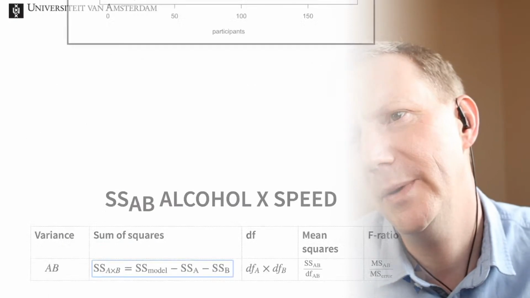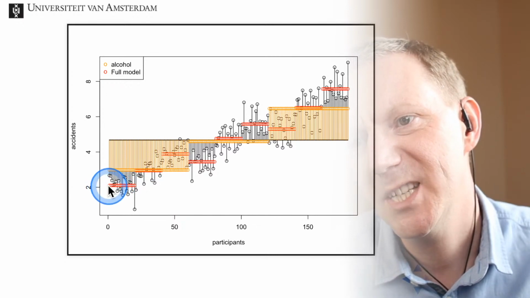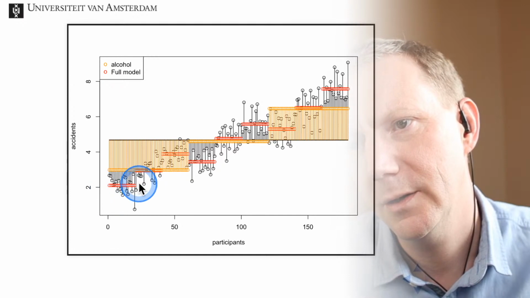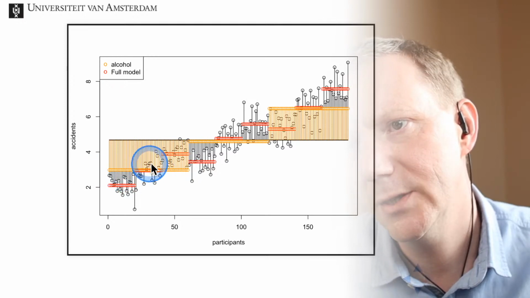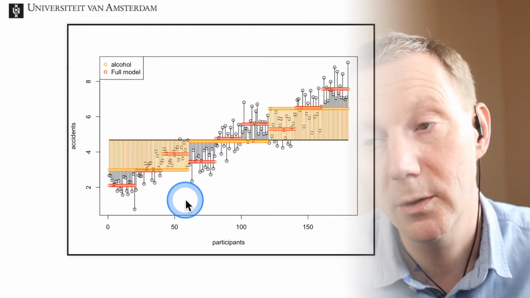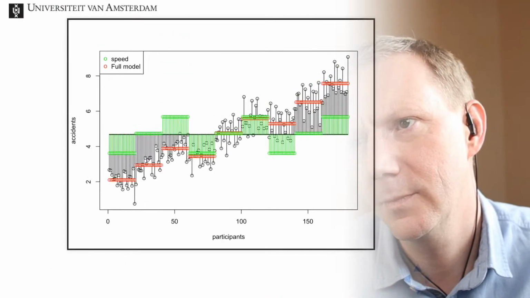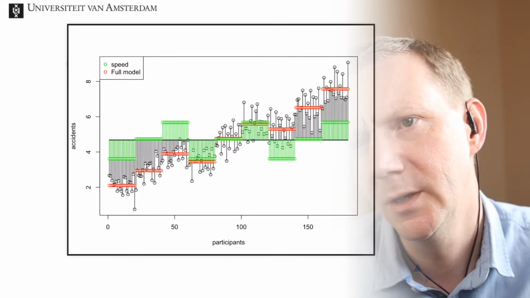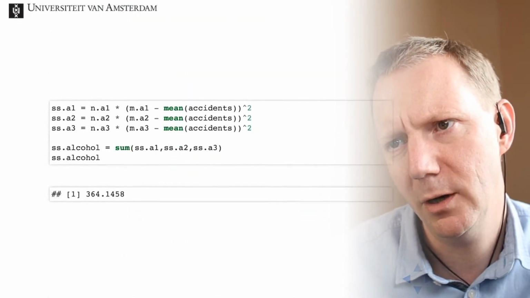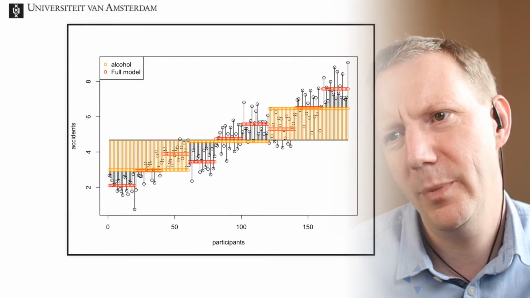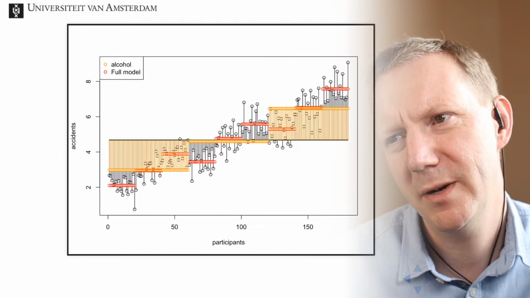And you could also see it a bit, right? If you look, the expected scores for the total model are the red horizontal circles here, and the orange circles are the ones for one independent variable, and the green ones are those for the other independent variable. So even just eyeballing this, if I add the greens with the oranges, I'm about at the same point as the red circles, right?